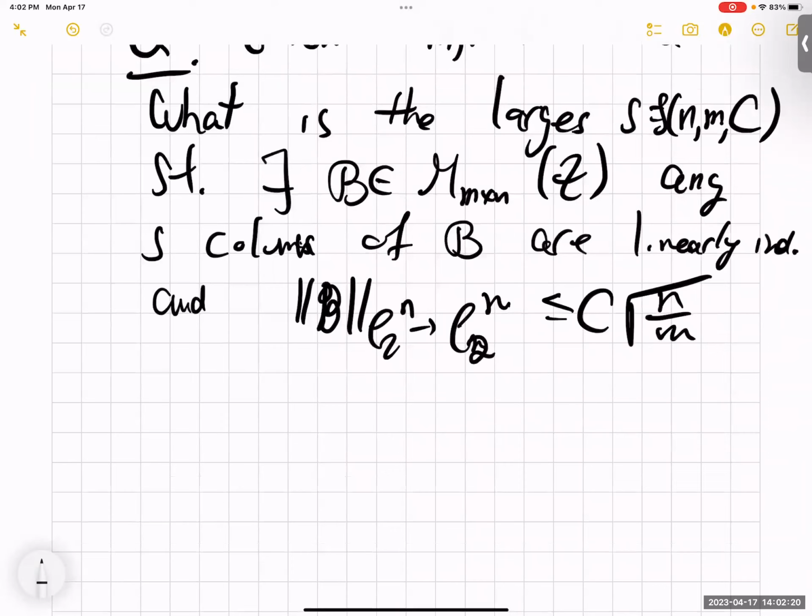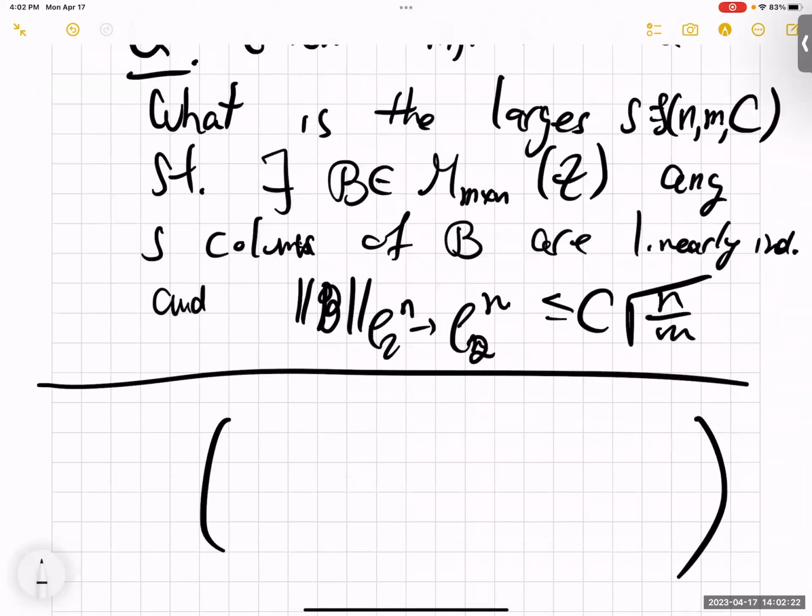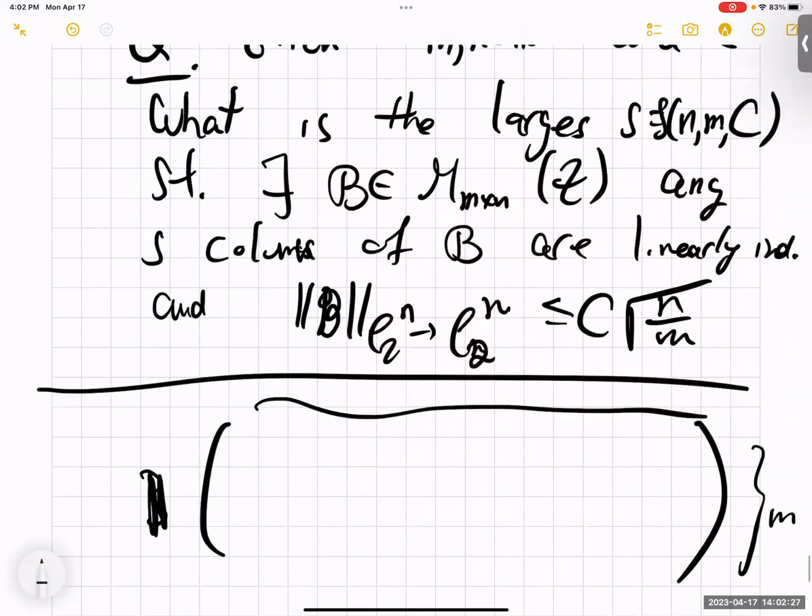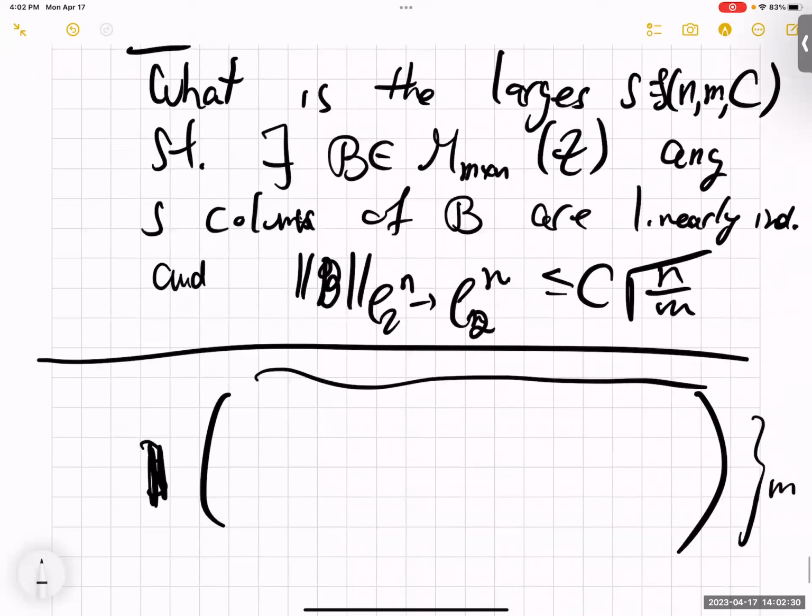And this is a very easy fact because, remember our matrix B, which was M by N, and we want every S of the columns to be linearly independent. So forget about any S, just make any column be non-zero. If every column is non-zero, there are M rows and N columns, it means that there must be a row with at least N over M non-zero entries.